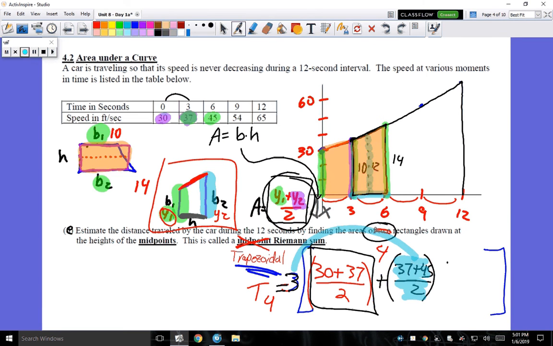The next two are going to be 45 plus 54 divided by 2, and then 54 plus 65 divided by 2. The reason this is taking a little bit long is that this is an introduction to what the area underneath the curve represents.